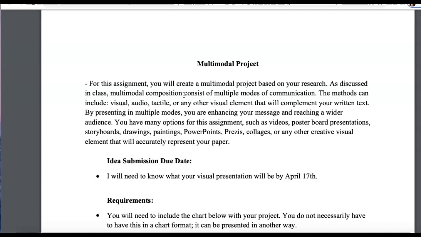You have many options for this assignment, such as videos, poster board presentations, storyboards. I'm not very familiar with those, but that is out there. Drawings, paintings, PowerPoints, Prezis, collages, or any other creative visual element that will accurately represent your paper.